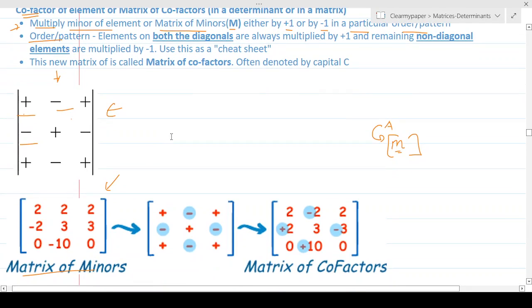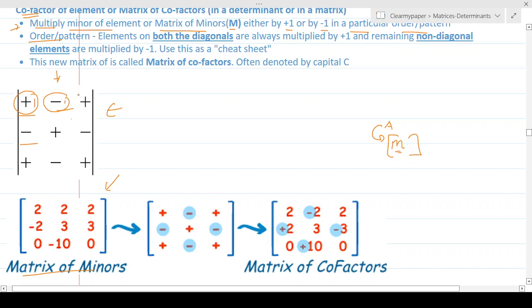Okay, so this cheat sheet is very positional. Whatever element is in this position, first row, first column, will be multiplied by plus 1. I've removed the 1 from here because it's self-explanatory, but you can assume it is multiplied by the positive sign of plus 1. Whatever is in this position, first row and second column, should be multiplied by negative 1.